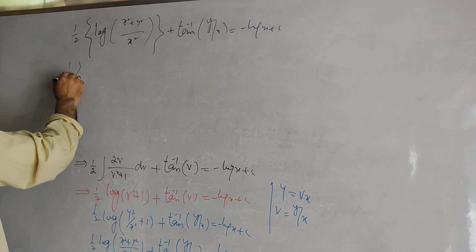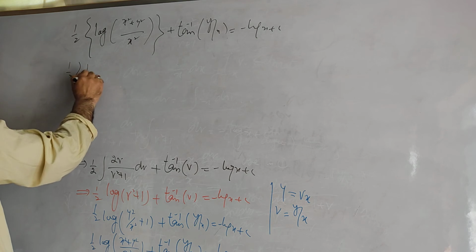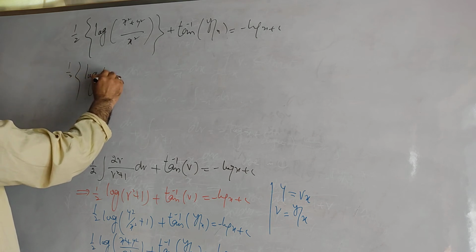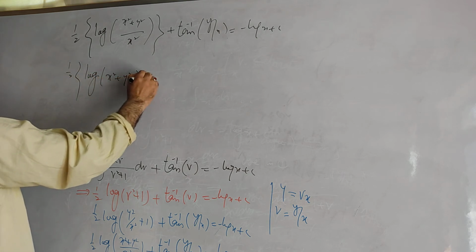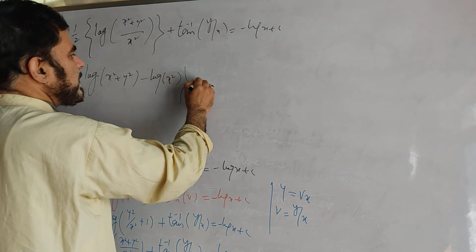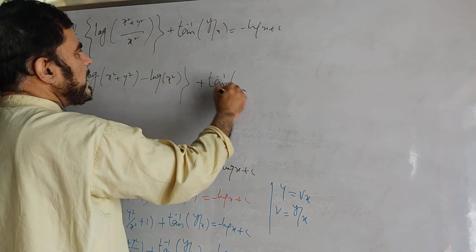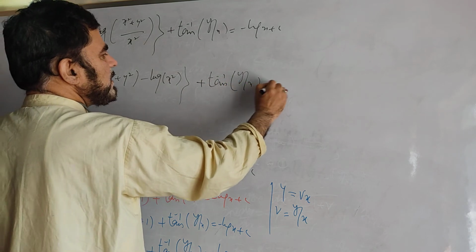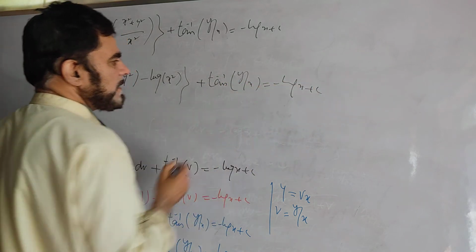Here I can apply the log of m by n formula if I want to further simplify this. Log of x square plus y square minus log of x square, then it is plus tan inverse y by x is minus log x plus c.